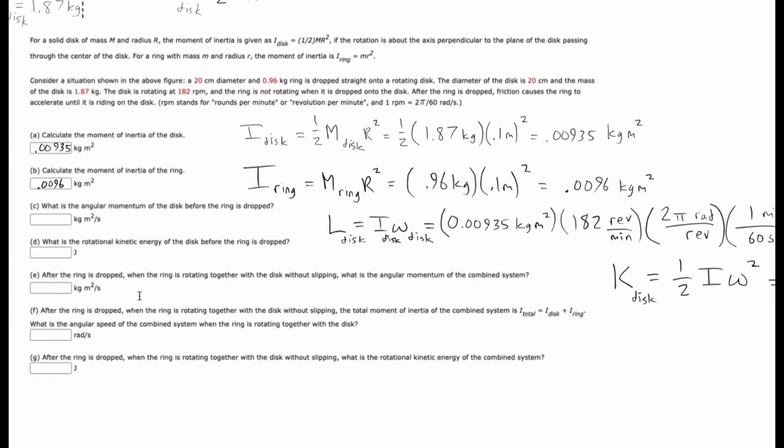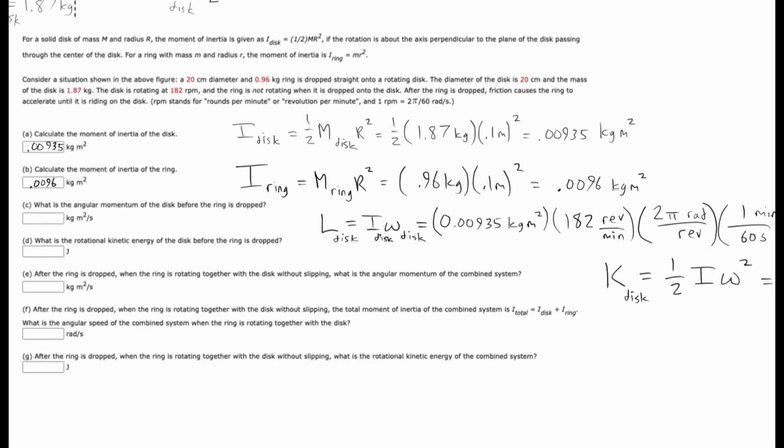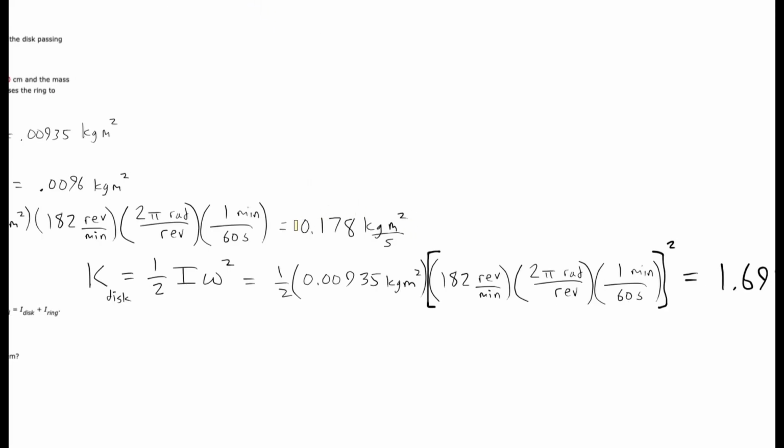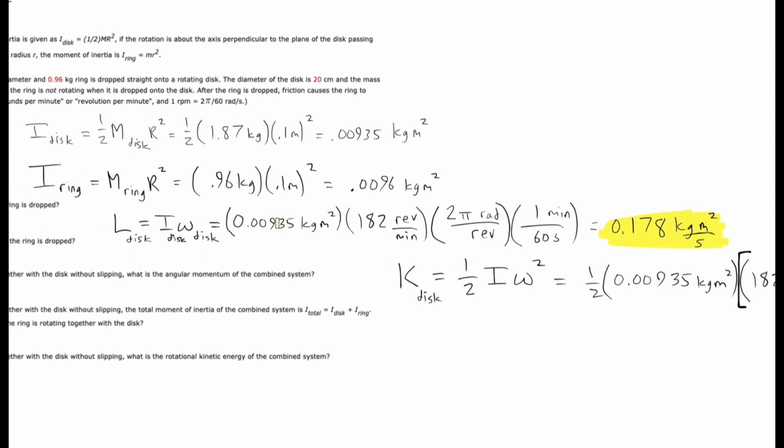Now they say after the ring is dropped, when the ring is rotating together with the disk, what should be the final angular momentum of the combined system? So we have to have conservation of angular momentum. So this angular momentum that the disk had initially is going to equal the final angular momentum of the whole system, because that's the only angular momentum that it had originally.